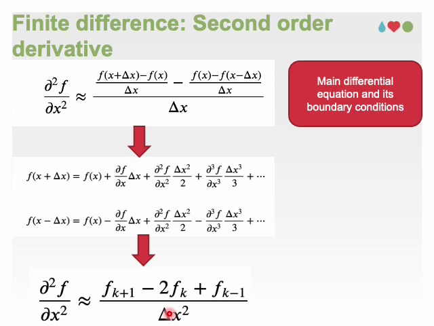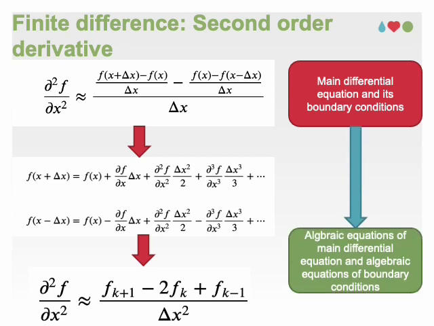We can use finite difference approximations of all differential operators at discrete points for both the governing differential equation and boundary conditions to obtain the algebraic equations of the problem. In the following, I will illustrate this by applying finite difference approximation to two steady-state ordinary differential equations with different boundary conditions.